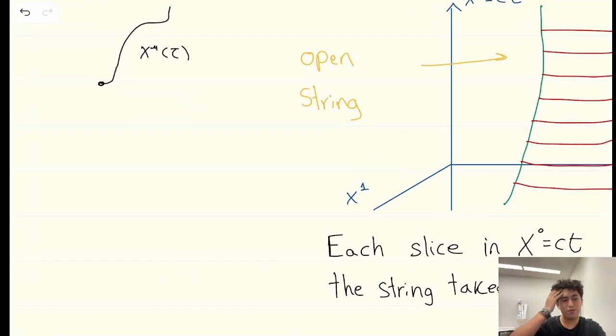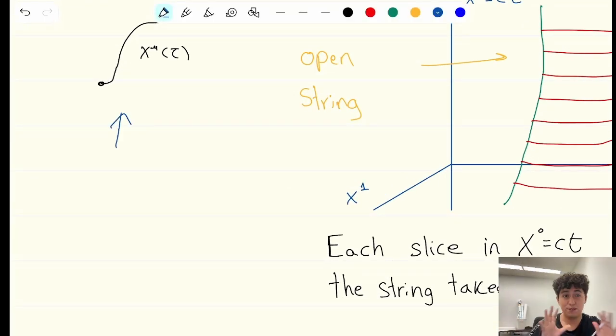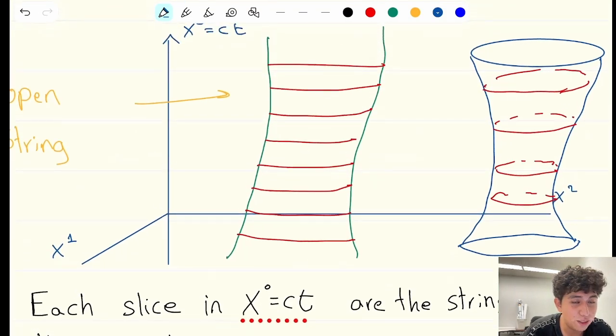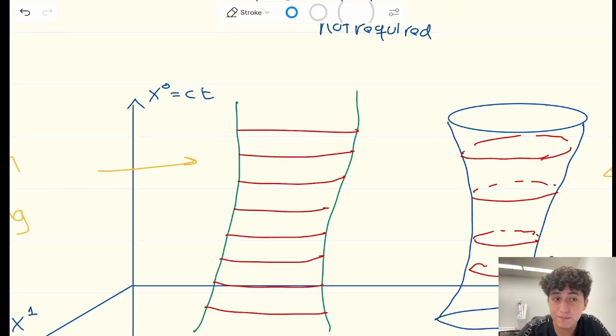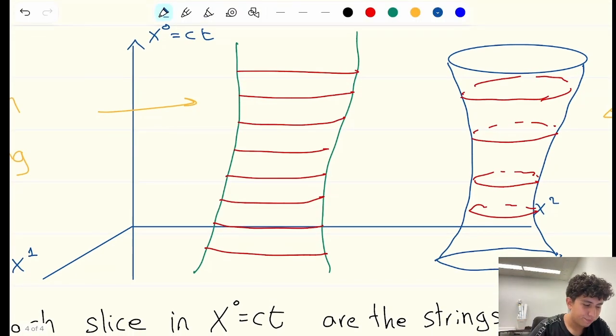Okay, so instead of tracing world lines, now the strings are going to trace worldsheets. This is an open string, so the open string essentially goes throughout time, in the up direction. In this case, the z direction is time. Each slice in time is one moment, one snapshot of the string.